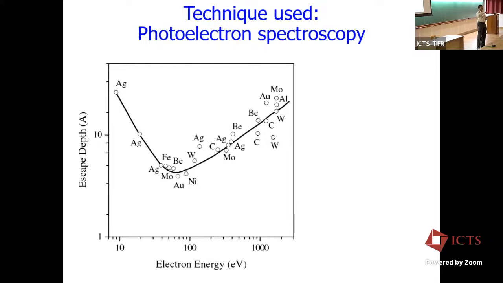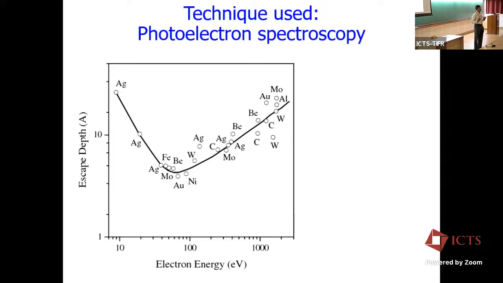Statistically, it's happening everywhere. Imagine that it has happened somewhere inside, and then that very high energy hot electron has to find its way out of the material. So it has to come to the surface and then get ejected for you to be able to detect it. And to be able to detect it and to apply the energy conservation that I talked about, it has to come out without undergoing any inelastic scattering.